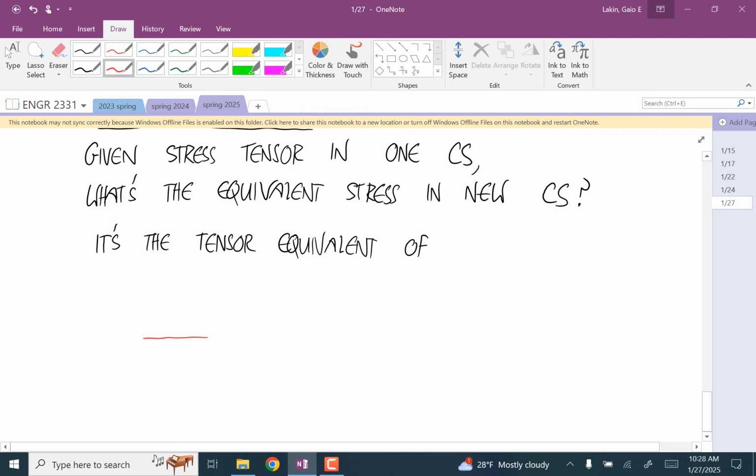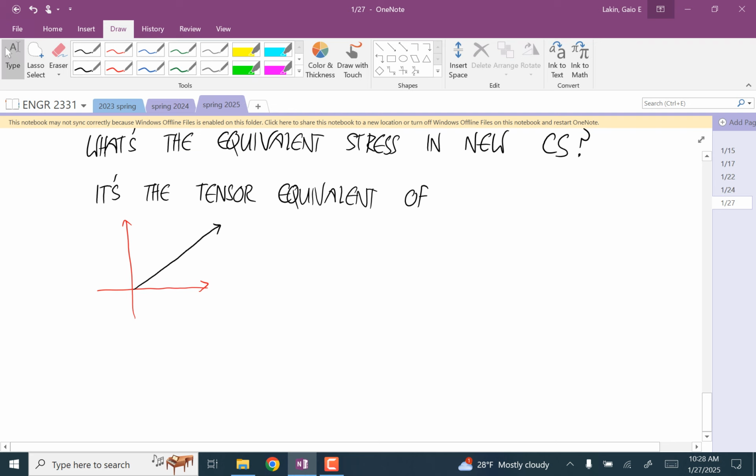If you have a coordinate system like this, and let's say this has a length of 10, so I can do this in my head, the vector components, let's call this vector u, are 7.66, 6.43.